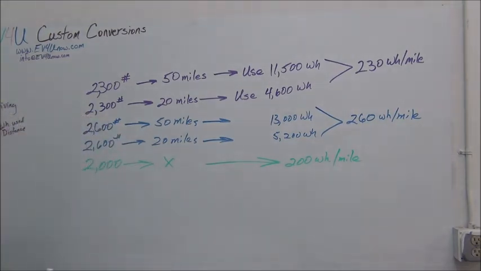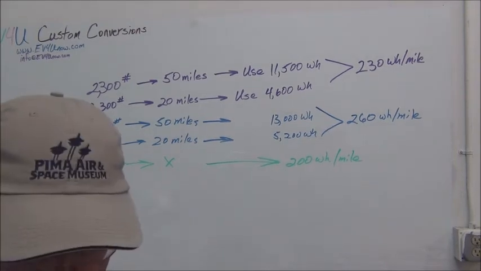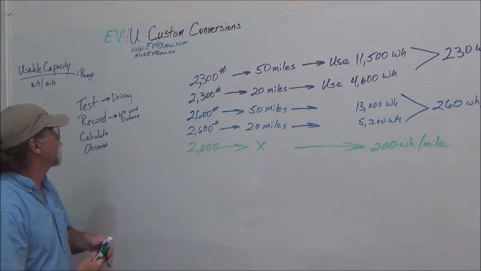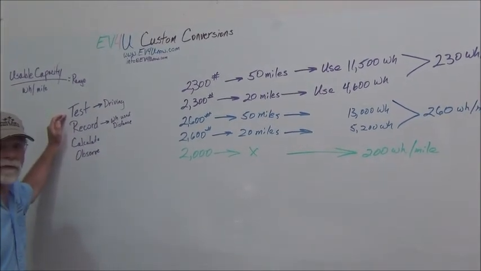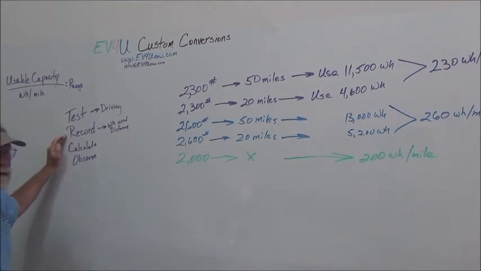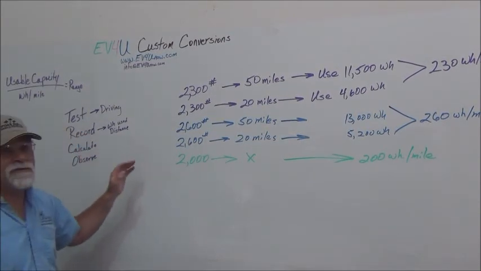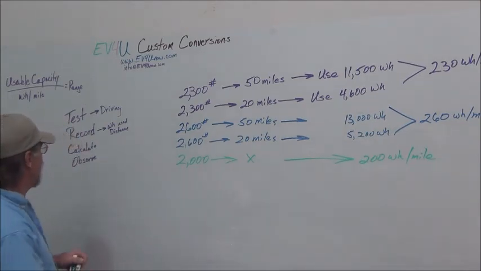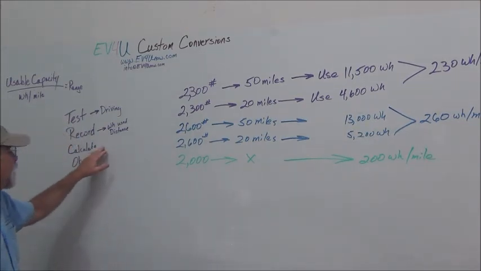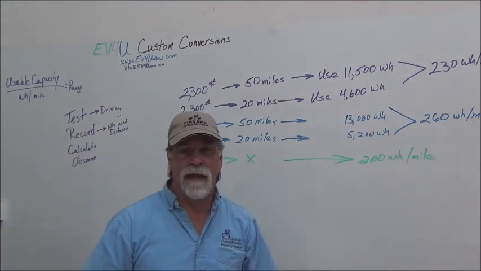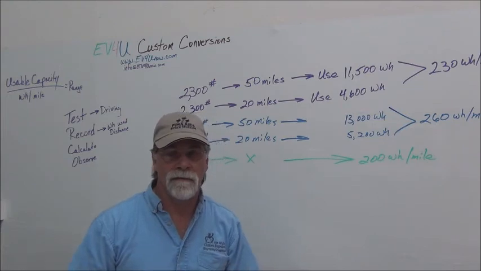So like I said, first we did the test where we were doing our driving. We recorded the watt hours used, the distance, the type of driving, notes like that. And then we calculated the energy per mile.